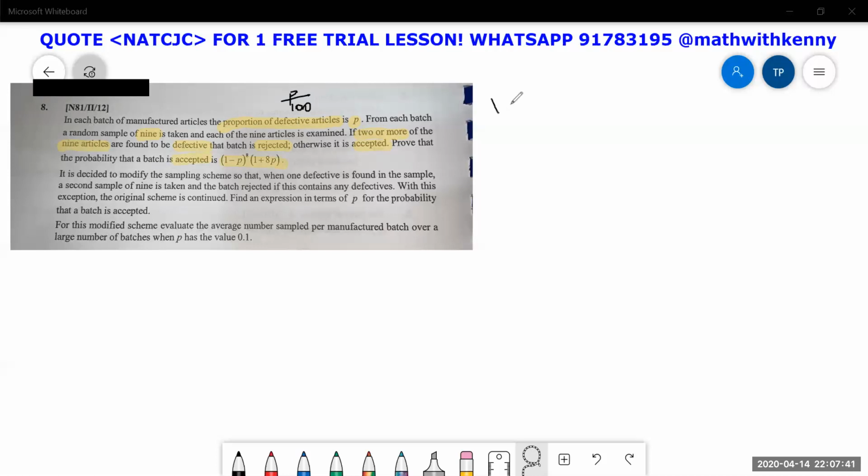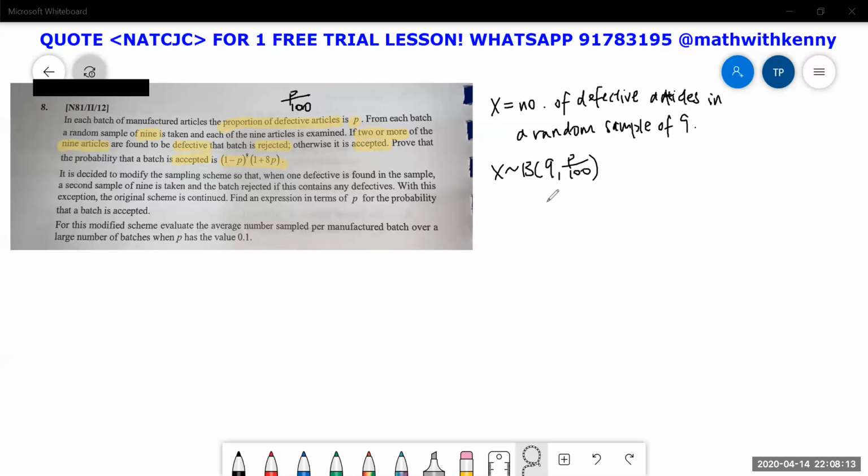Define X as the number of defective articles in a sample of 9. So X follows a binomial distribution B(9, p over 100). 2 or more rejected means accepted is fewer than 2.